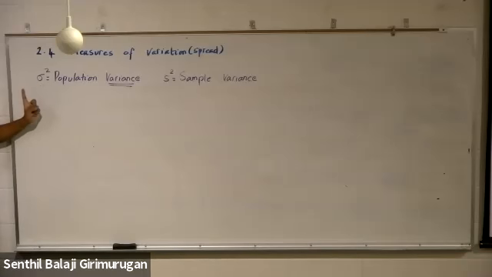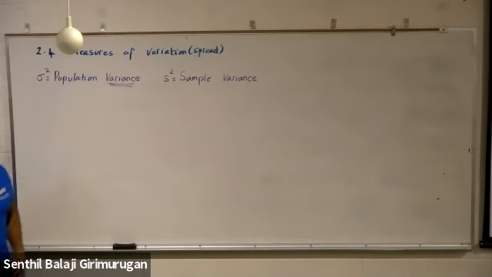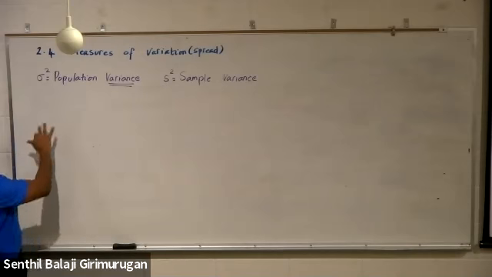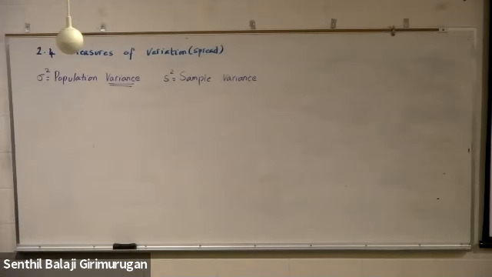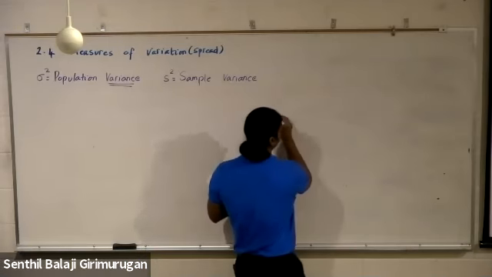I call it drunken six. Six got drunk and fell down. So sigma squared and S squared. As far as this class is concerned, we are going to stick with sample variance. This might pop up here and there. Now, what is the difference between the two? I will explain the formula once I get to the picture here.